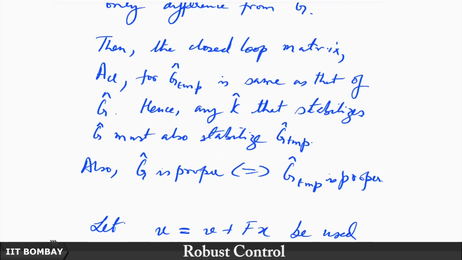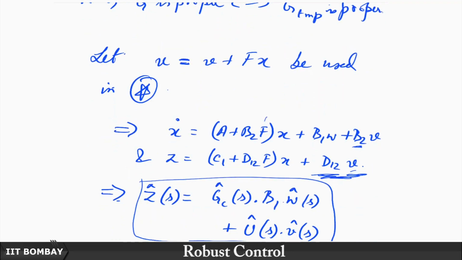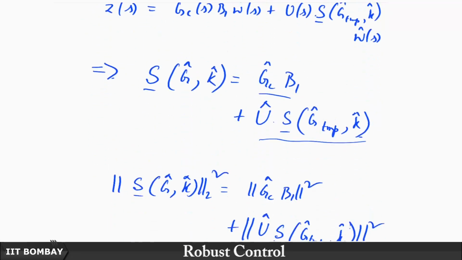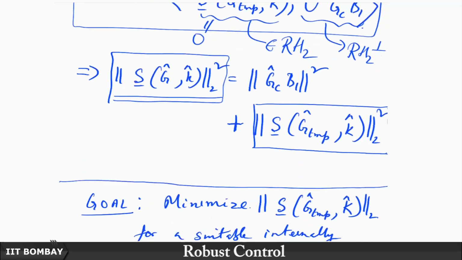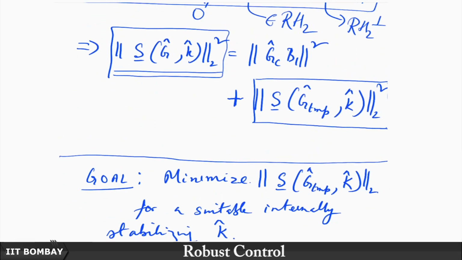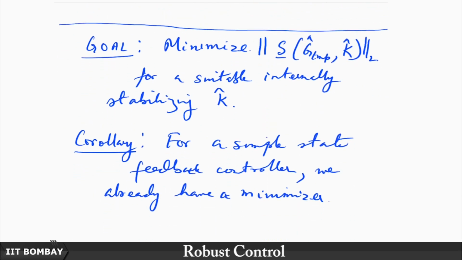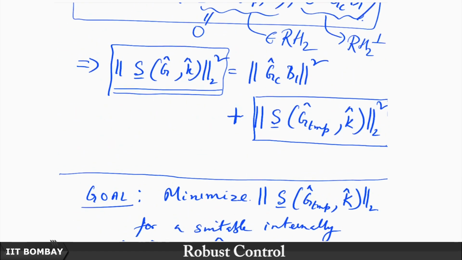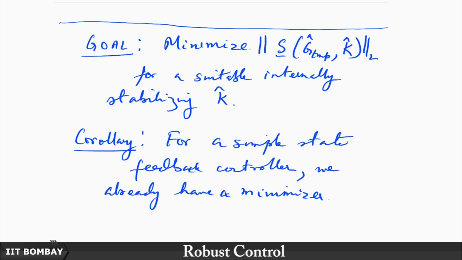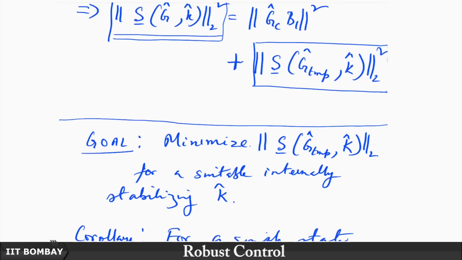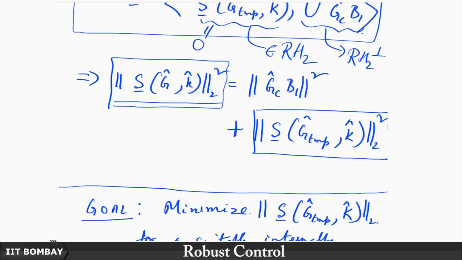So, in that case, if you plug in here in this expression, in this minimum expression, I can leave that to you as an exercise. I believe that you can see that this is already going to minimize this for the state feedback case.